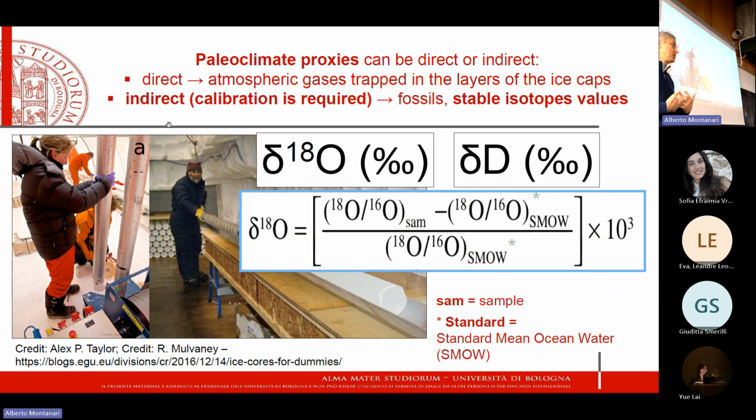Why is this important? You may compute the same difference, for instance, in the air bubbles trapped in the ice cores. Why is this important? Because, given that the isotopes have different weight, when it comes to evaporation, when water evaporates from the oceans, the lighter isotope has the priority.